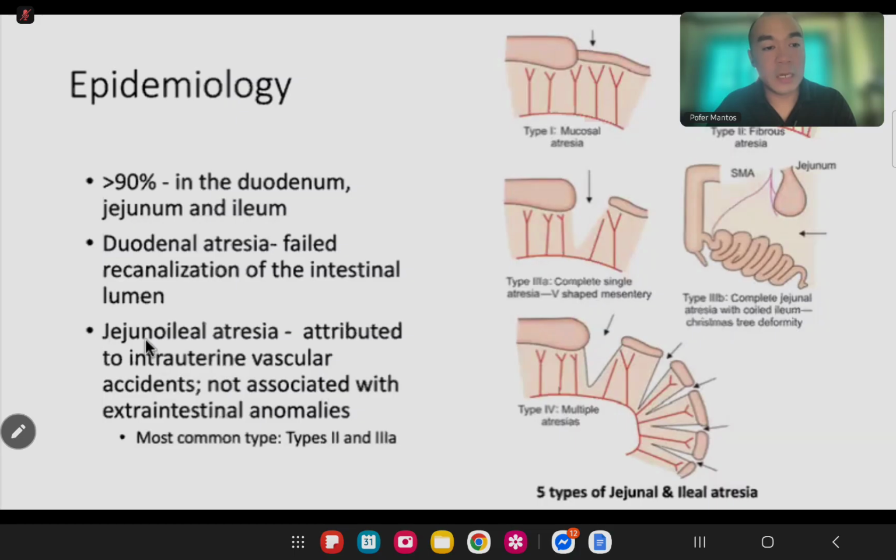Whereas for jejunal atresia, the cause is more of an intrauterine vascular accident, and it's not associated with extra-intestinal anomalies like duodenal atresia. As you can see here, the most common are type 1 and type 3A jejunal atresia.